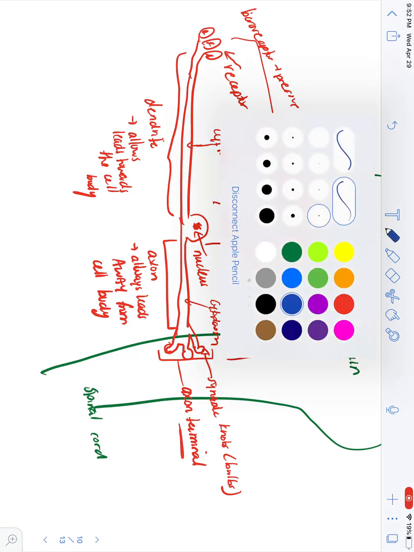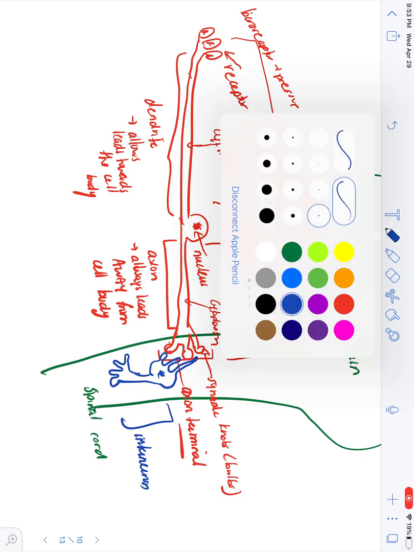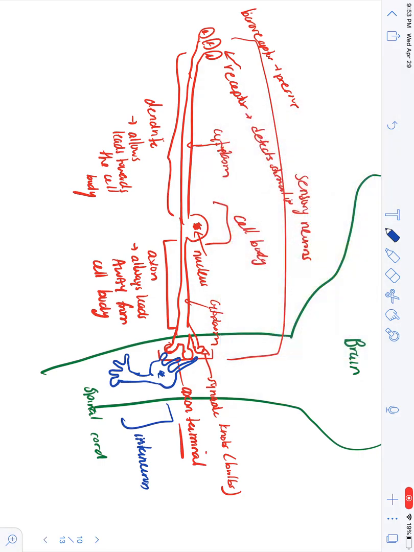This sensory neuron is attached to another neuron that we learned about last time, and we're going to draw it. This neuron that I'm drawing right here, because the entire neuron is located inside the spinal cord, is the interneuron, which we learned about in the last lesson. This interneuron is made up of the exact same parts as the sensory neuron.